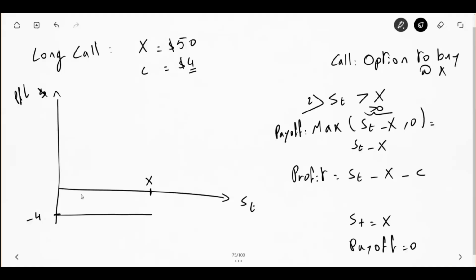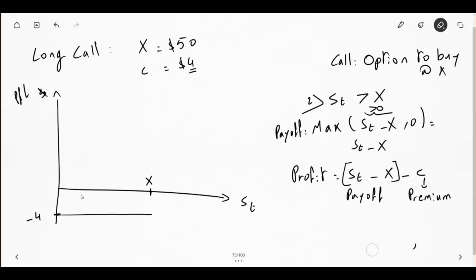Now, I can determine the break-even point, at which stock price I will break even, I will have a profit equal to 0. So the payoff from exercising the option will exactly offset the paid premium or the price of the call option. So in order to determine this break-even point, I will set the profit equal to 0.